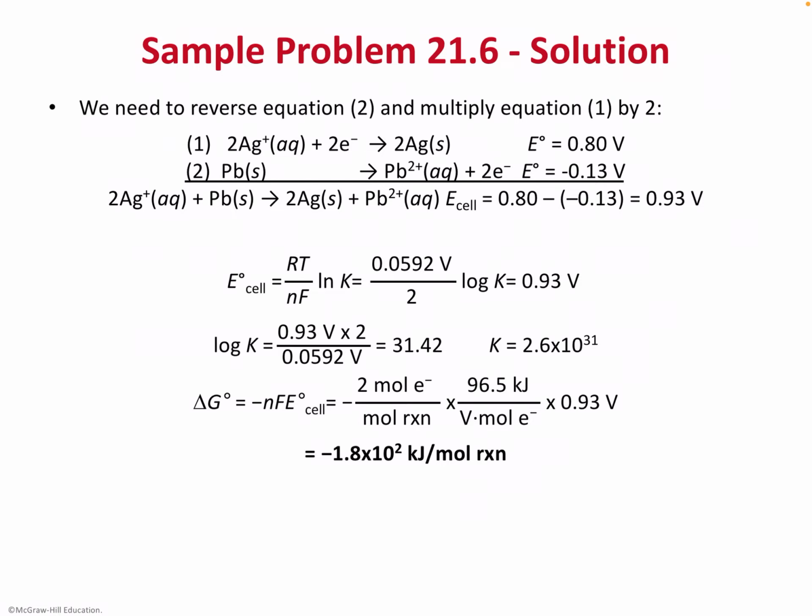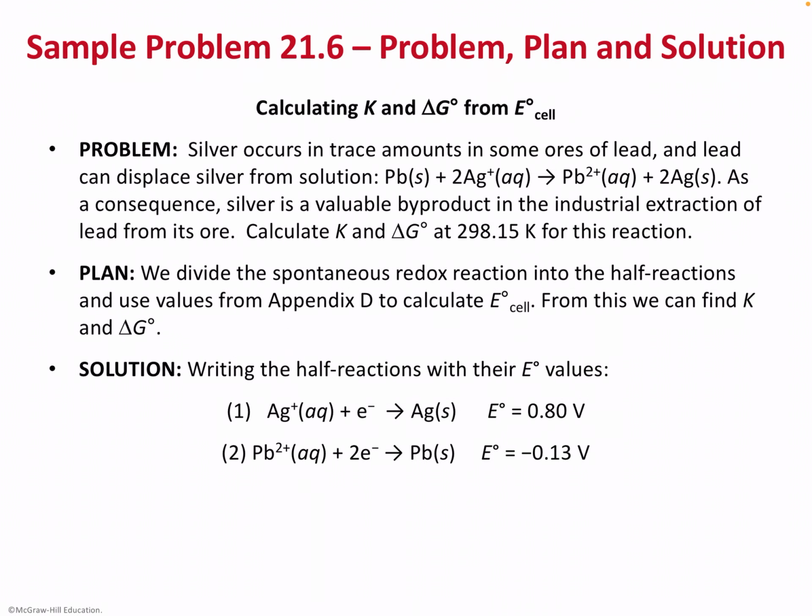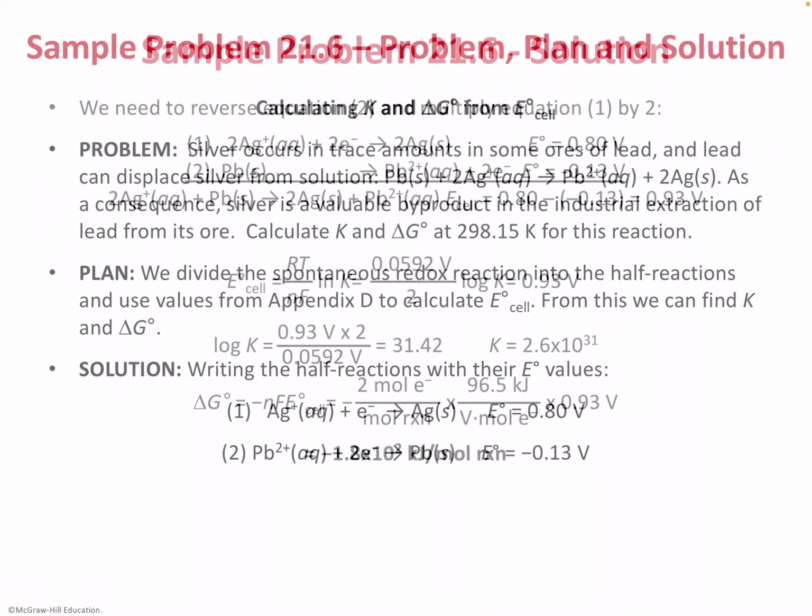Okay. So this example shows you, if you were given a reaction with the E naught half cell values, how to find out the E naught cell, and how to relate E naught cell to K and E naught to delta G naught and find out these values.